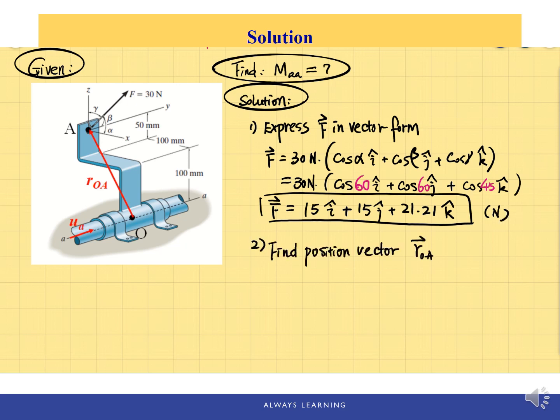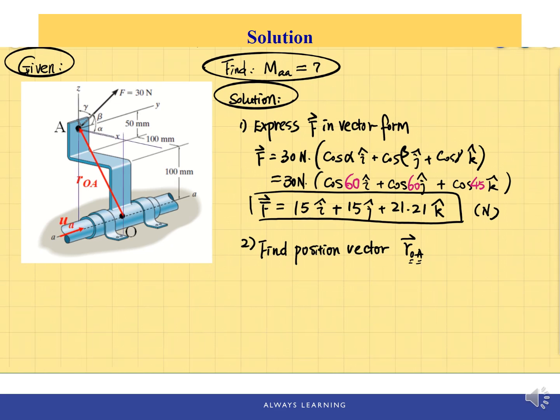And the second step is to find the position vector ROA directed from any point on the AA axis to any point on the force F. So it will be ROA, and we can write down the ROA in vector form. So from point O to point A, we can take an imaginary path along the X, Y and Z directions.